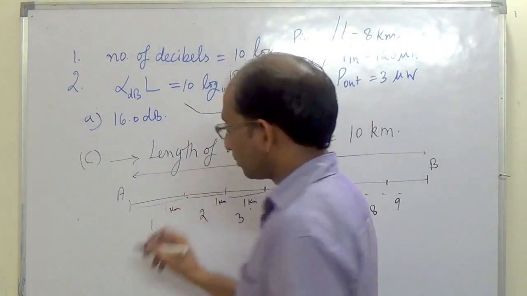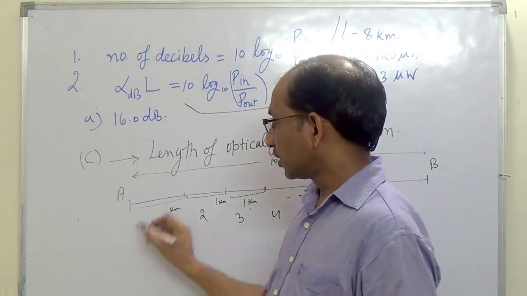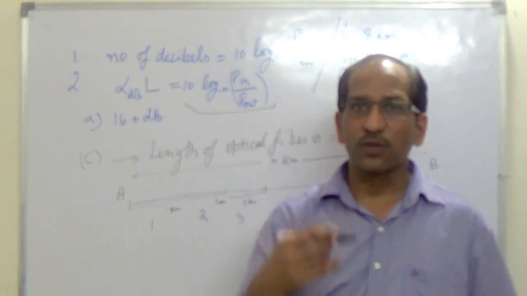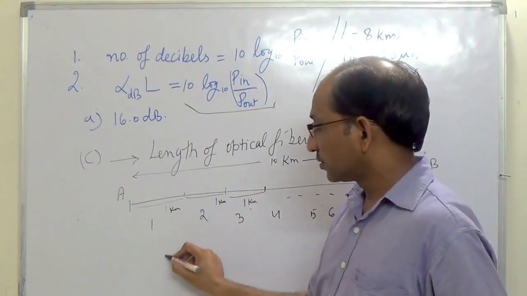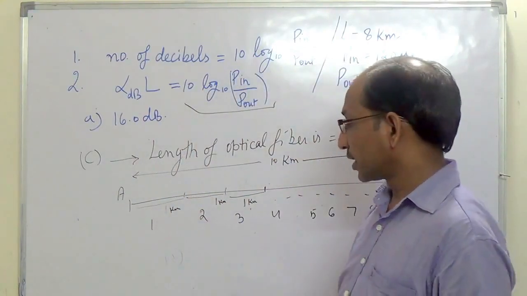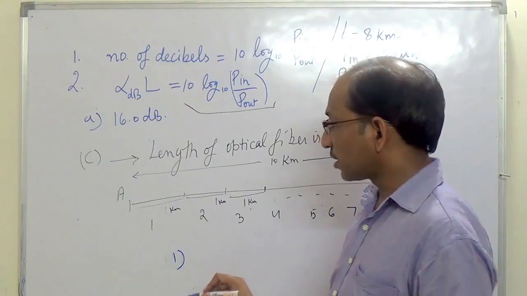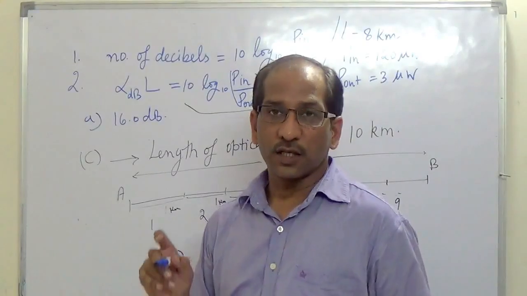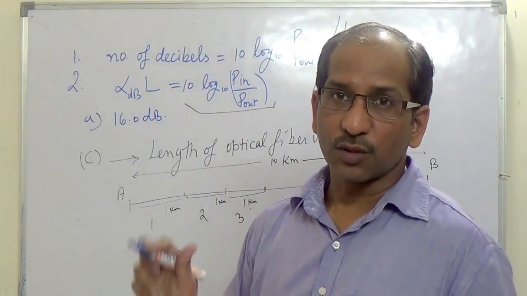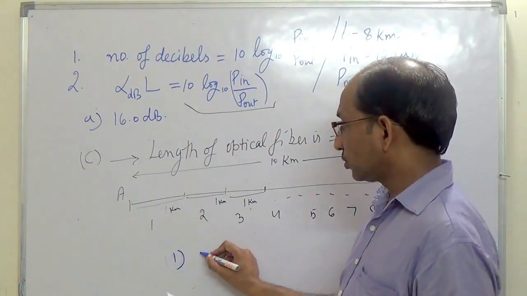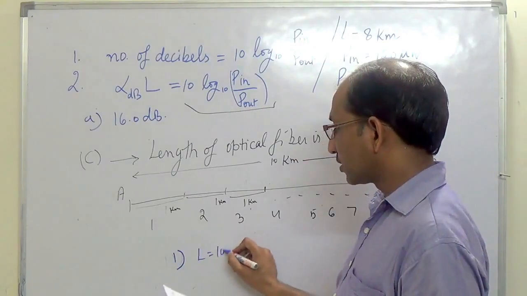So first there are 2 points in this C part. One is where we have to find out the attenuation of the optical fiber because of the total length, that is the first step, because of the total length, that is 10 kilometer.